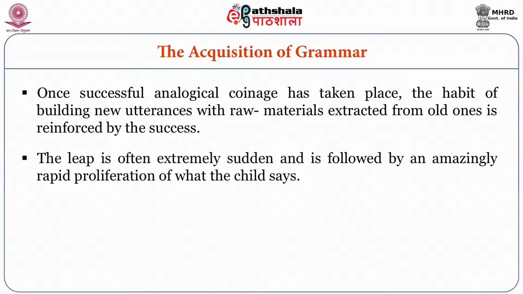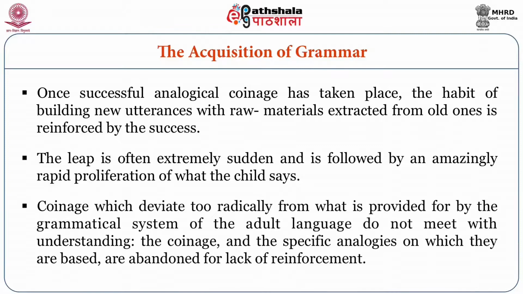The leap is often extremely sudden and is followed by an amazingly rapid proliferation of what the child says. Coinages which deviate too radically from what is provided for by the grammatical system of the adult language do not meet with understanding. The coinages and the specific analogies on which they are based are abandoned for lack of reinforcement.